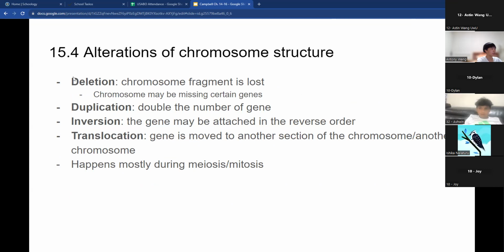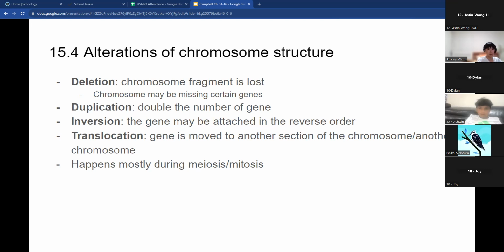Alterations of chromosome structure. This can happen as deletion, duplication, inversion, or translocation. These are kinds of mutations that can happen to large segments of DNA. This happens mostly during mitosis and meiosis. Deletion, it's self-explanatory. You remove a piece of a chromosome.